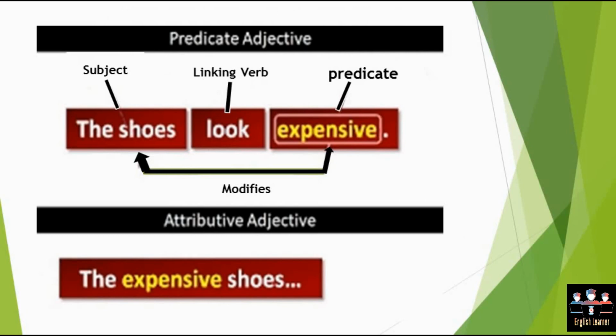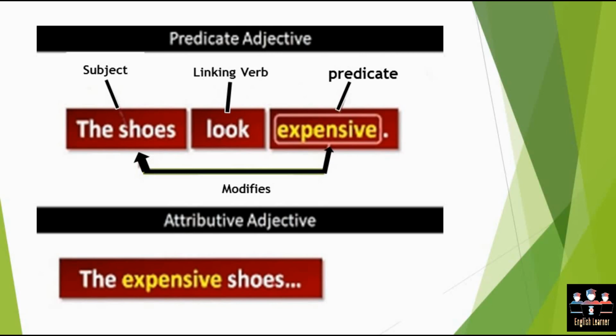Next we are going to deal with the example of predicative adjective and attributive adjective. Predicative adjective example is the shoes look expensive. You are going to notice in this example that expensive is actually the adjective because it is modifying the word shoes in the sentence, whereas it is placed in a sentence right after a verb that is the linking verb here.